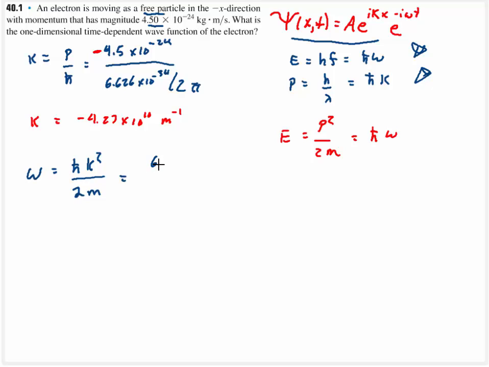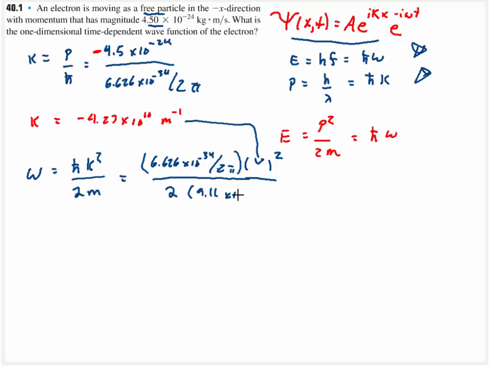So it's going to be the same thing, 6.626 times 10 to the minus 34th divided by 2 pi multiplied by k squared, where I'm going to just use the same k just like that. Call me lazy. Oop, don't forget to square that guy. And then 2 times the mass, in this case of an electron, 9.11 times 10 to the minus 31.